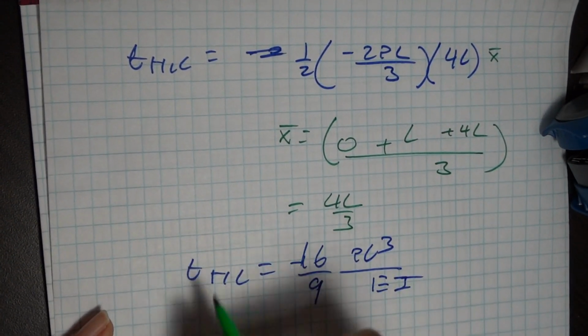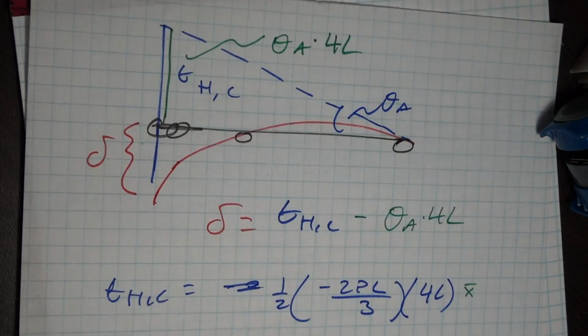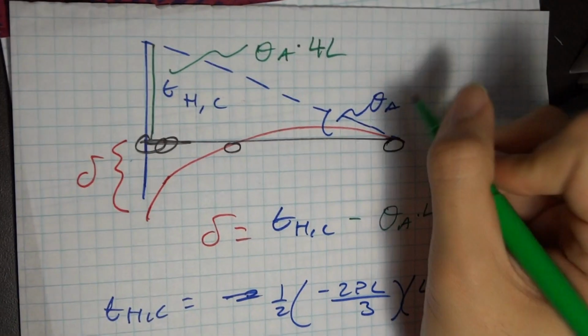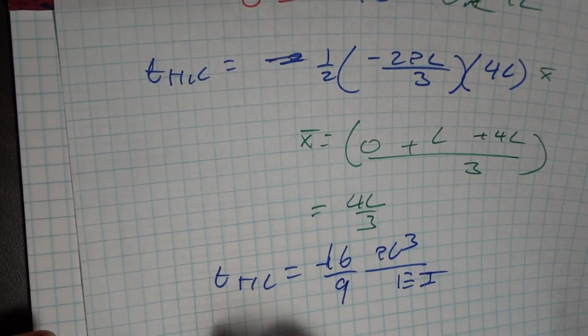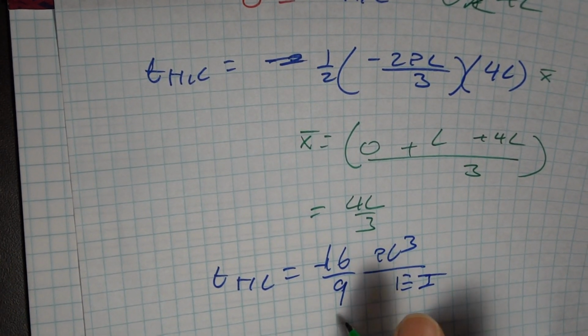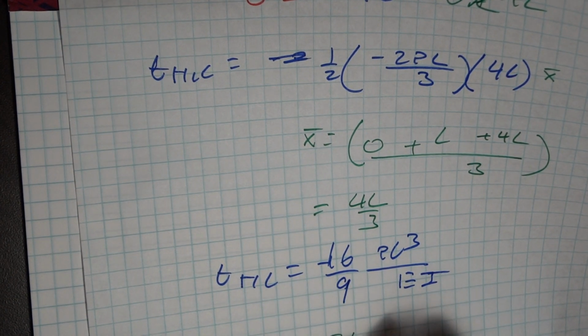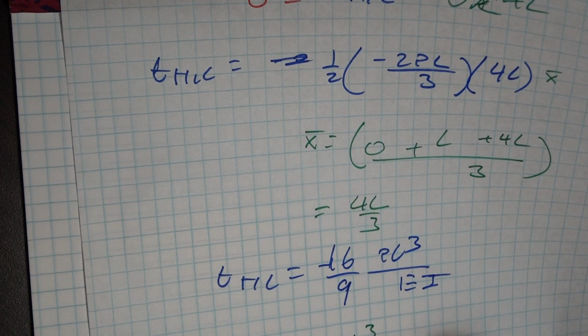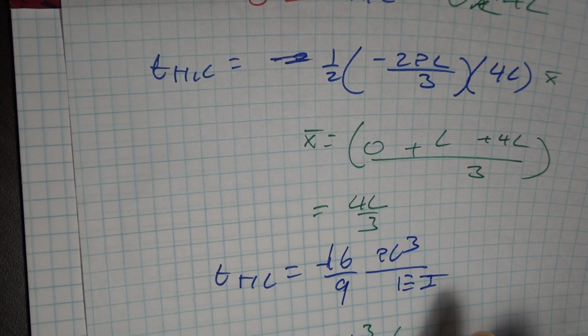Theta A. We found theta A already. Sorry, this is theta C. What am I saying? Theta C. Theta C times 4L is equal to negative PL cubed on 3EI times 4L.